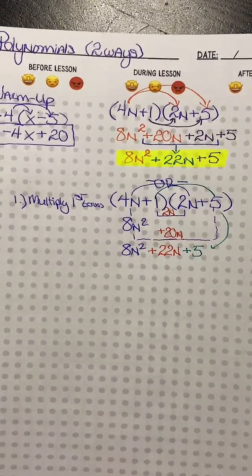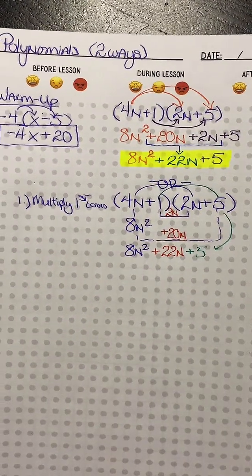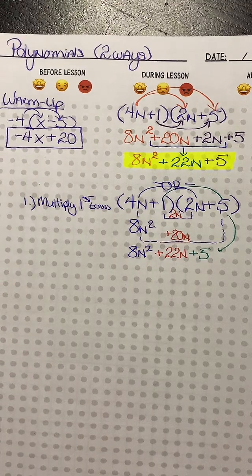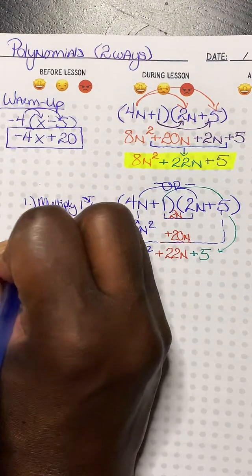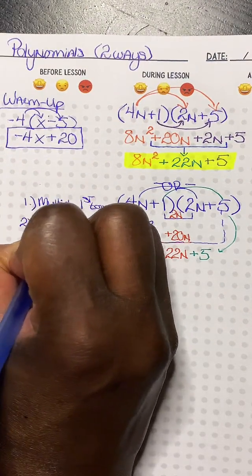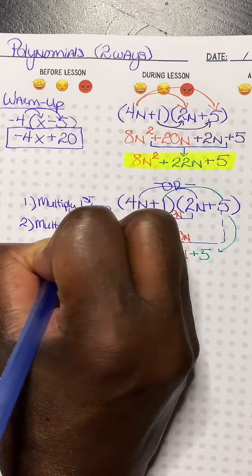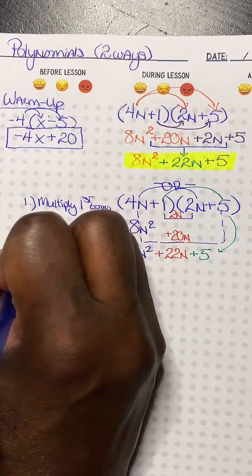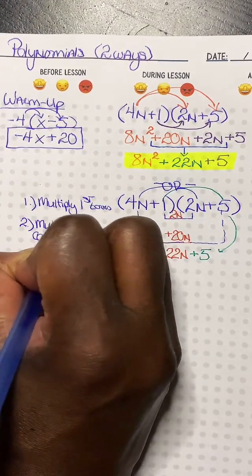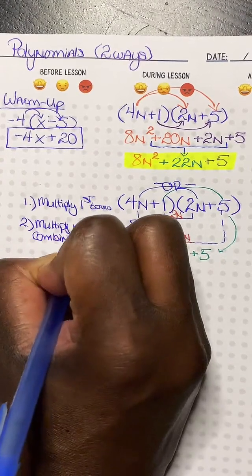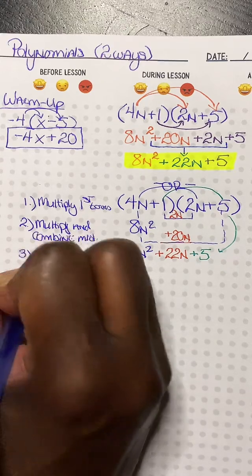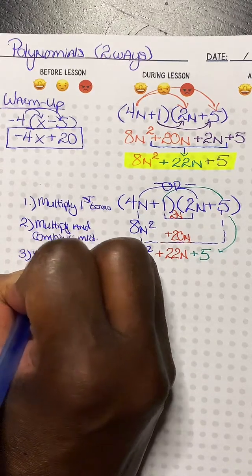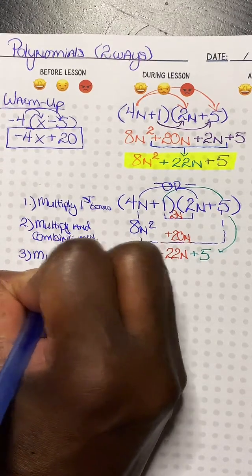That's basically what's happening, okay? So you multiply the first, multiply and combine middle, and then multiply last.